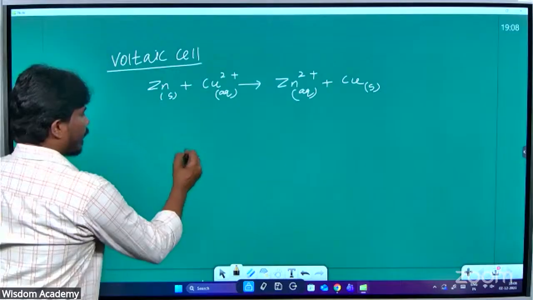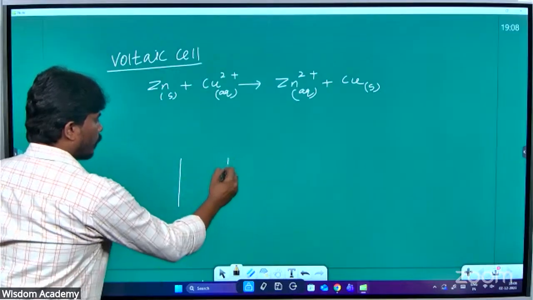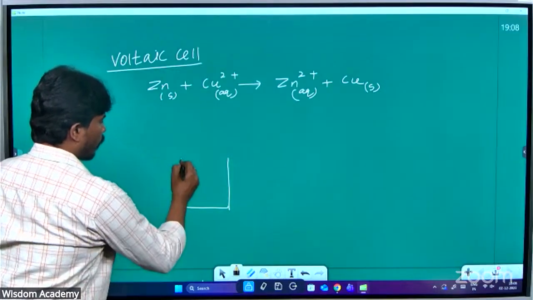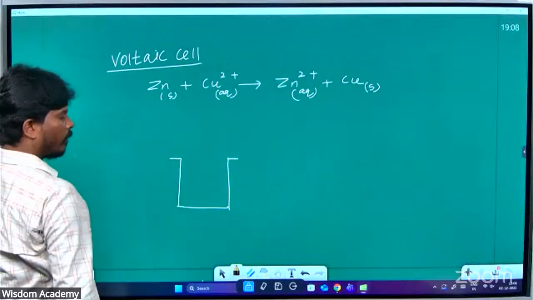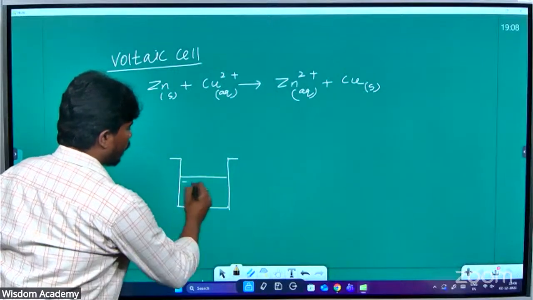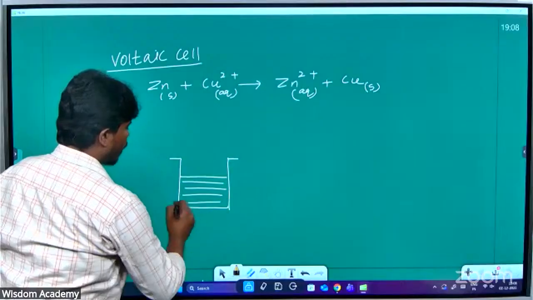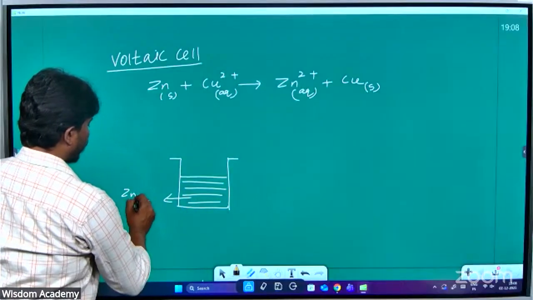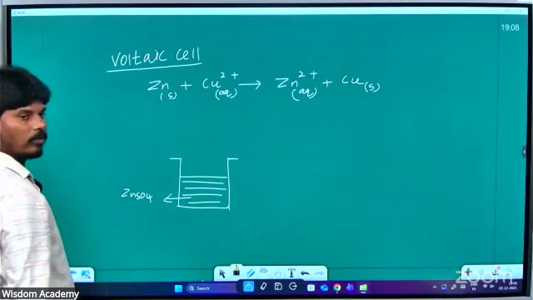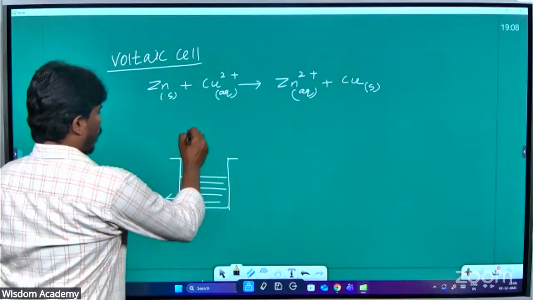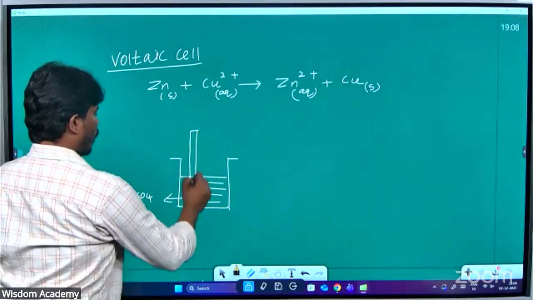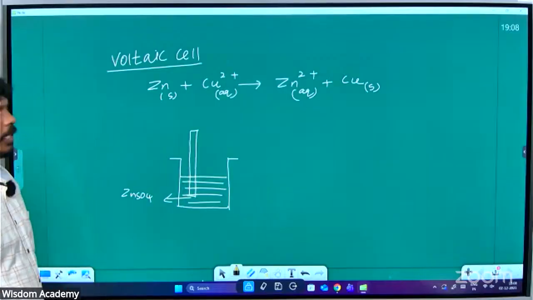So a redox reaction is involved in the voltaic cell. This is the cell setup. The first container contains zinc sulfate solution. This is the electrolyte. And it is dipped with a zinc rod.